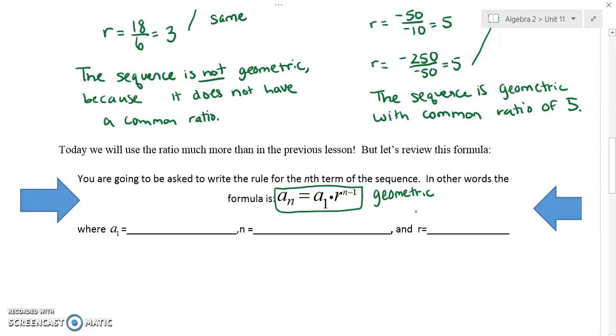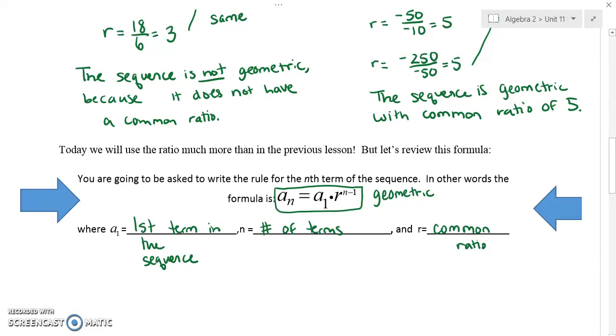And A1 in the formula is once again the first term in the sequence. It's the first number. N is the number of terms, so they'll say, I want the 7th number, and that would be n equals 7. And then R is, once again, our common ratio.